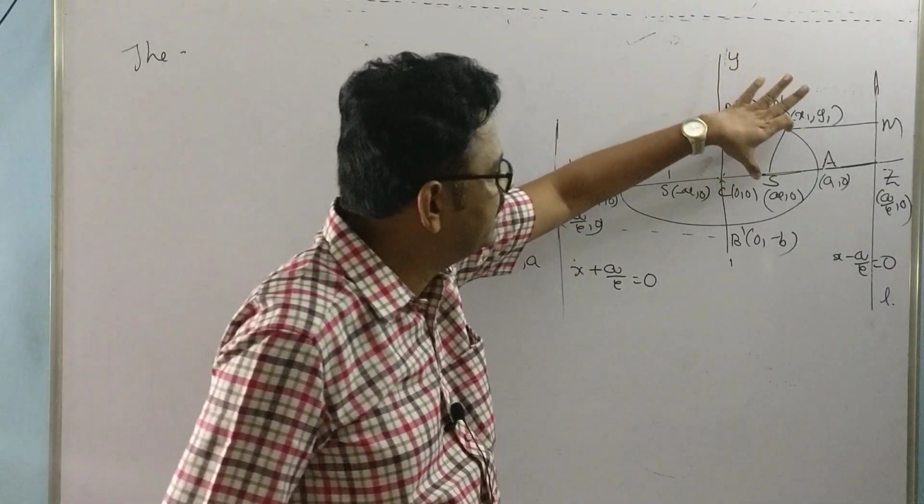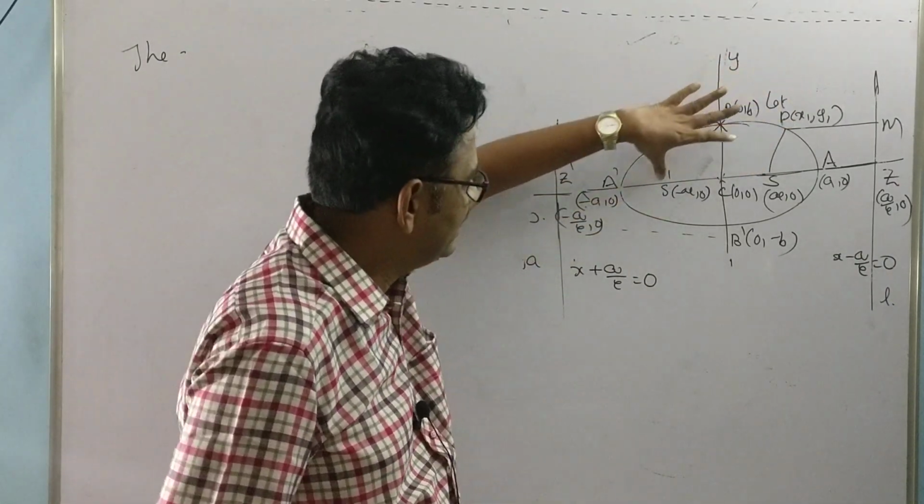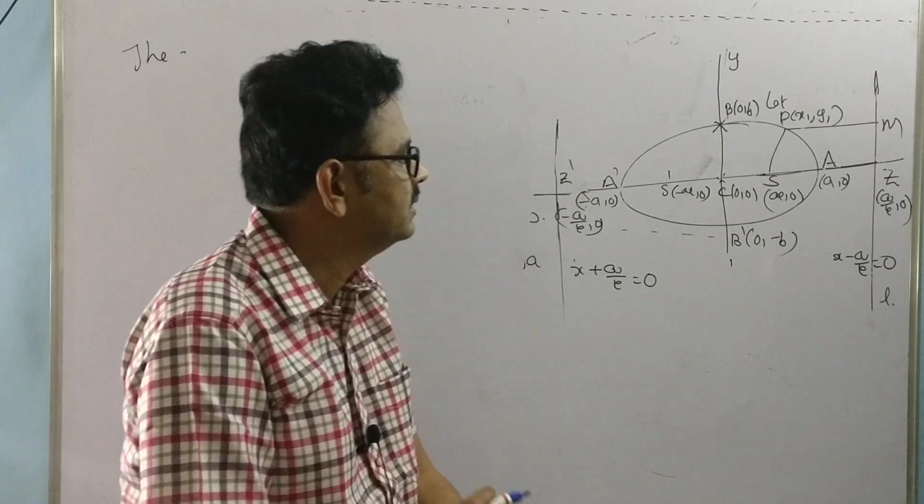So SP is called focal distance, and S dash P is also focal distance.